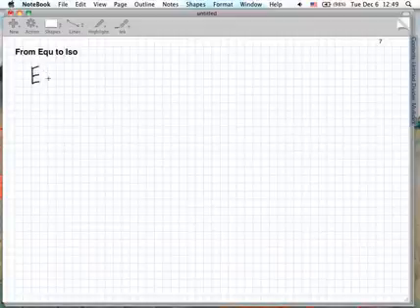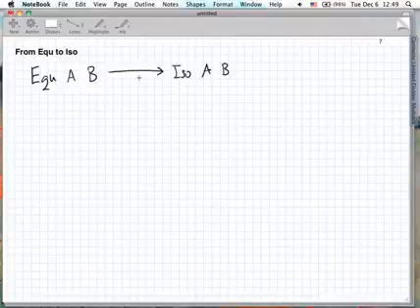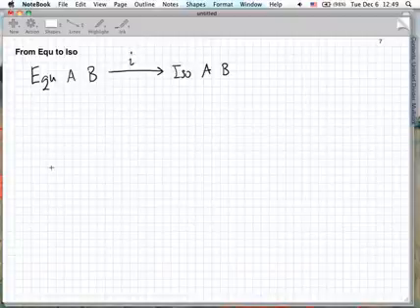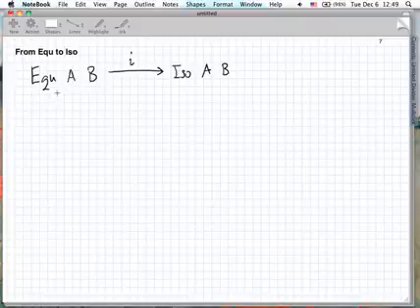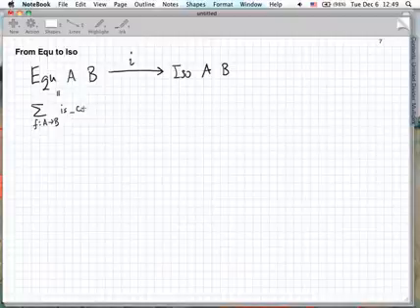So let's try to get from EQU AB to ISO AB. Any map will do. I'm asking for anything at all. Let's give this map a name. Let's call it maybe I. Okay? I'm constructing a map. What do I have? Well, I'm going to have one of these gadgets. What is this gadget? Well, this is going to be sigma f from A to B such that is equivalence f.